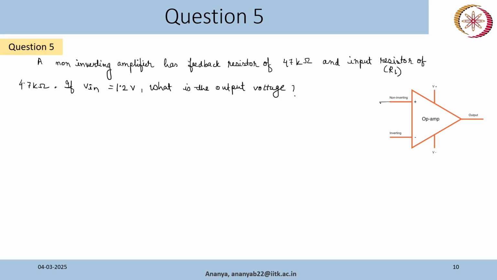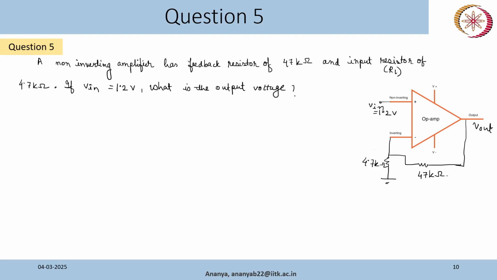So your V in is here, which is equal to 1.2 volts. These are DC signals, and can be analog signals as well. And this is 4.7 kilo ohm. This is 47 kilo ohm.